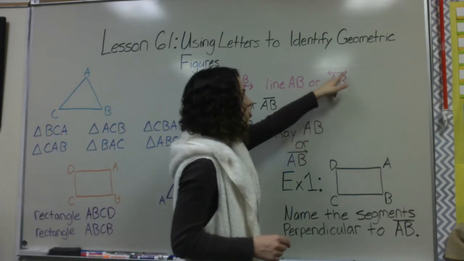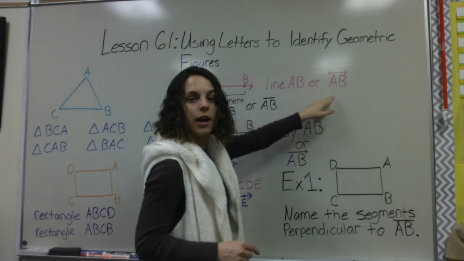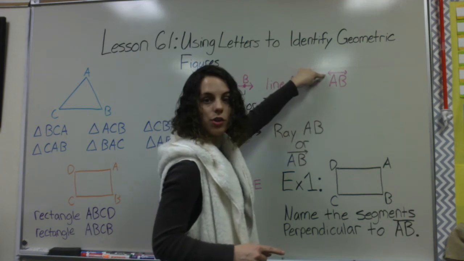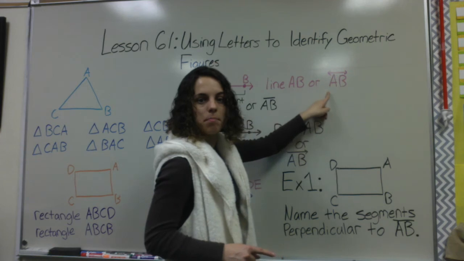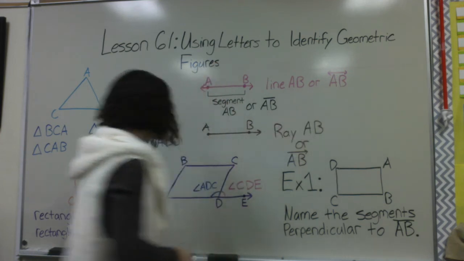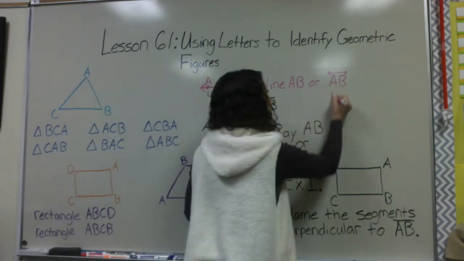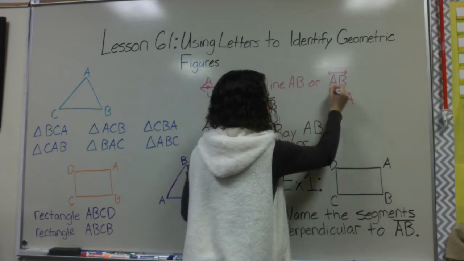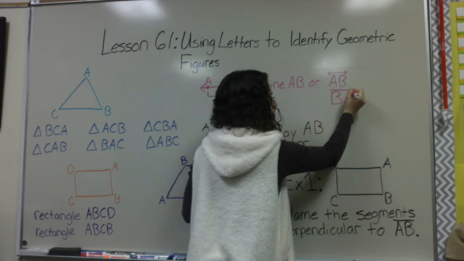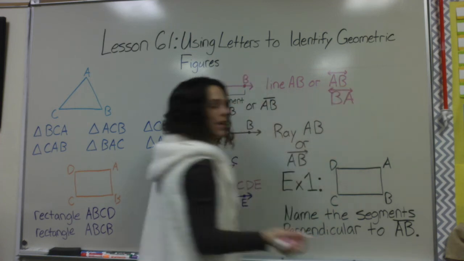So I can draw a line over. Now remember, lines have to have arrows, so there are arrows at the end right above the A and the B, or if I were to write it as BA, that would also be acceptable, but I have to have the labeling, which means I'm going to draw a line over it showing that it is a line.